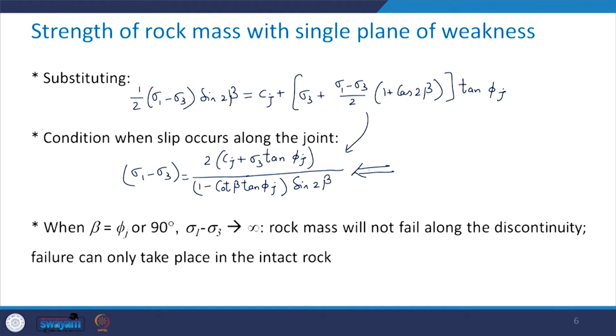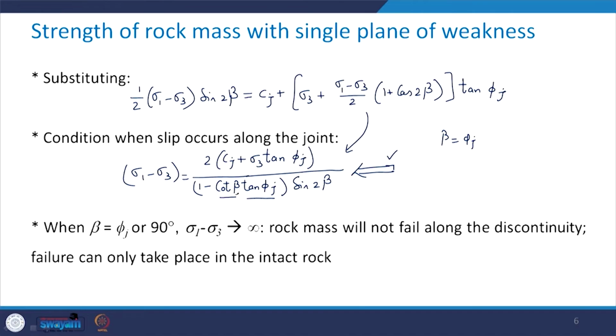Now, take a look at this expression and just substitute beta equal to phi j. What will happen? See here, this is cot beta and this is tan of phi j.